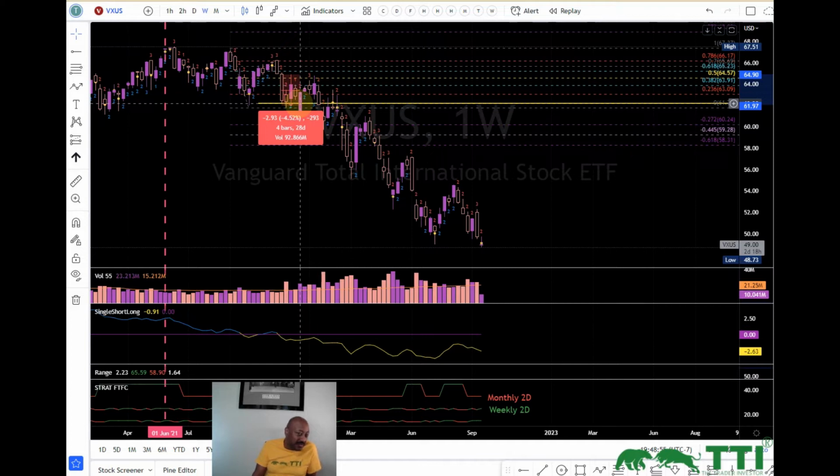You can be out, or you can have a smaller position. That's why you remove 50%, 75% of your position when price gets here. Even if it fails to continue to go down, it doesn't matter, because your 25% position is at break even, so you've made money.